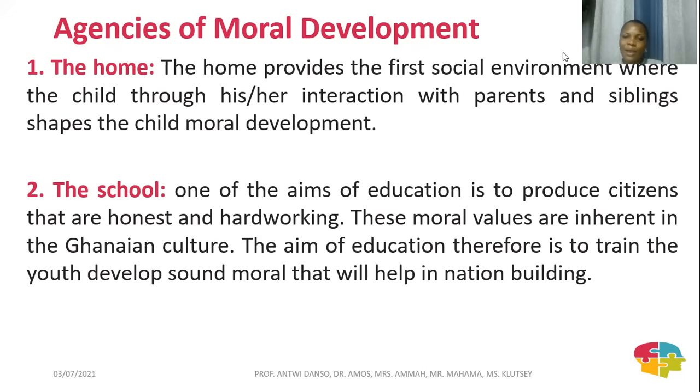So values inherent in our Ghanaian culture are imbibed into students in the school setting, and that is why in your university we want you to develop a sense of right and wrong, the right dressing, the right attitude towards lectures, the right attitude towards studies. So the aim of education is to train the child to be morally sound, to judge between what is right and what is wrong, and to use that knowledge to build the nation.